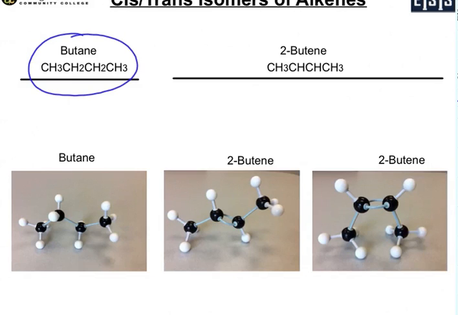Now, if I add a double bond over here, and I show the formula like this, you can see that in the middle here I have CH and CH. That's where my double bond resides. And so if I just name that molecular formula, I have a 2-butene. I got 4 carbons, the double bond's in the middle, and therefore it's a 2-butene.